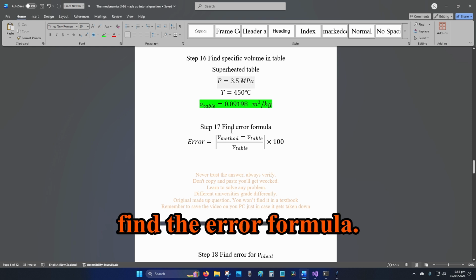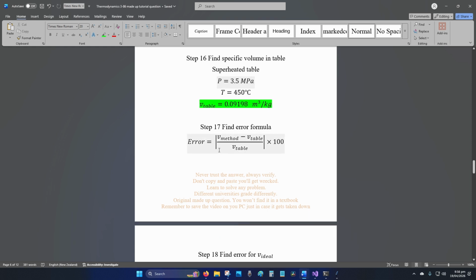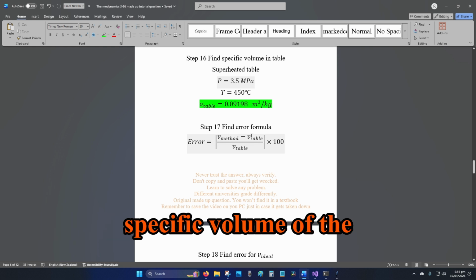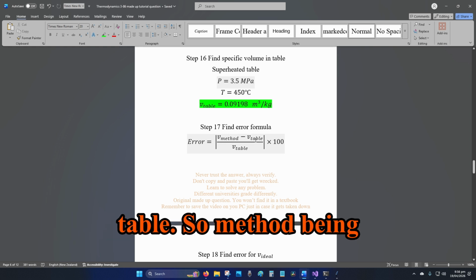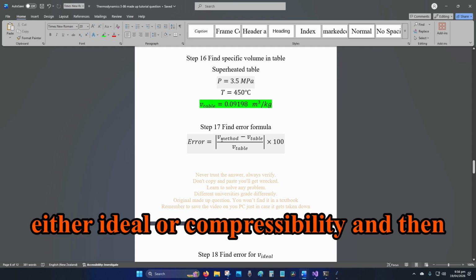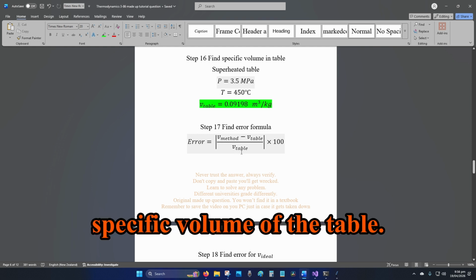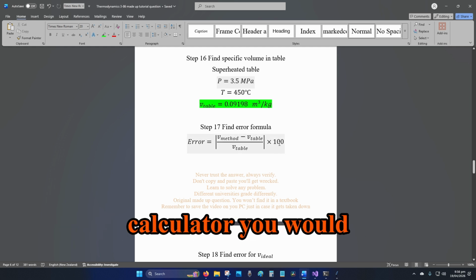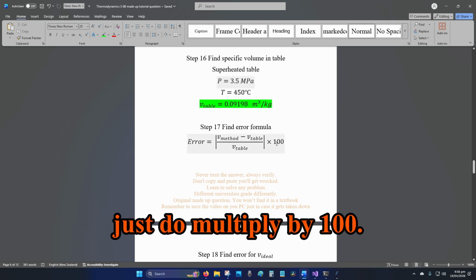Step 17, find the error formula. So error is equal to the method minus the specific volume of the table, the method being either ideal or compressibility, and then divided by the specific volume of the table, multiplied by 100%. In your calculator, you would just multiply by 100.